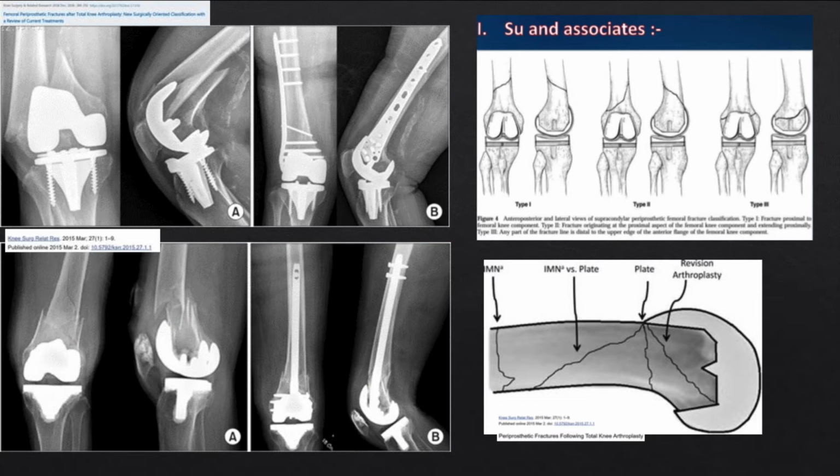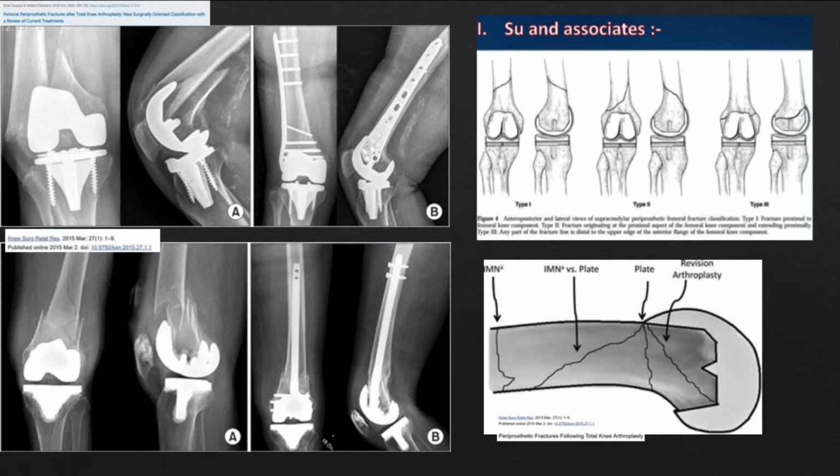So if you have a fracture, invariably the fracture starts off at the edge of the anterior flange of the femoral component of the knee replacement, and often this is the case because of the change in modulus of elasticity between the more flexible supracondylar femur and the distal femur, which has a hard femoral component fixed to it. So under low energy stress with the change of modulus, the fracture invariably starts off from this aspect.